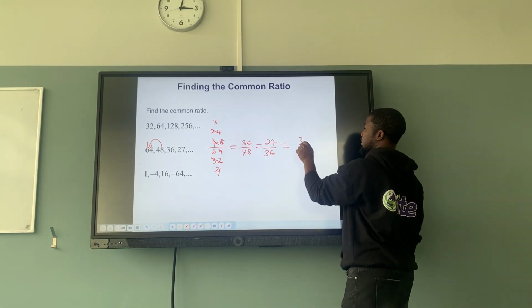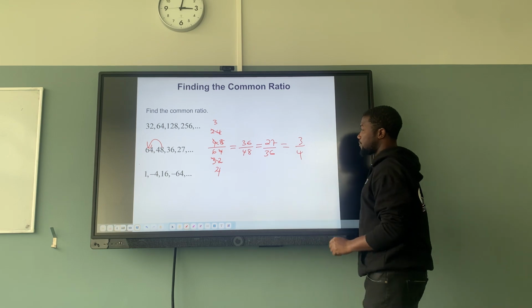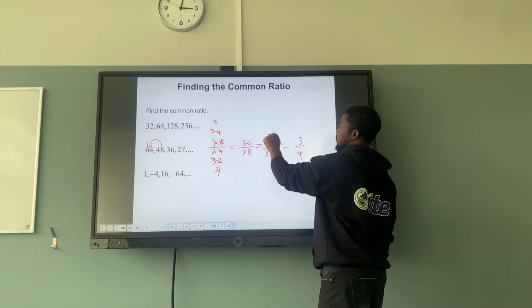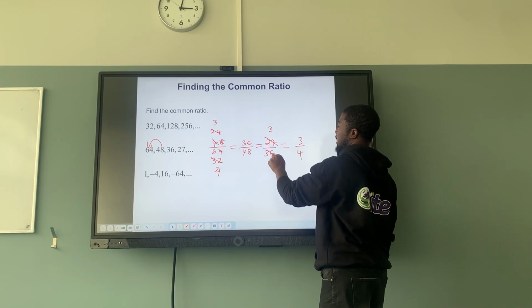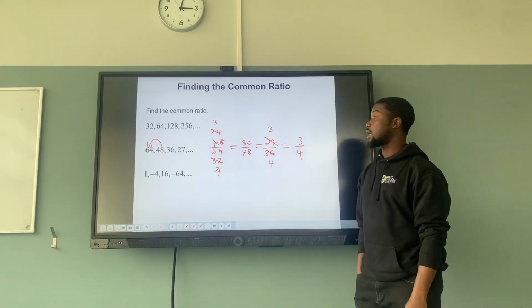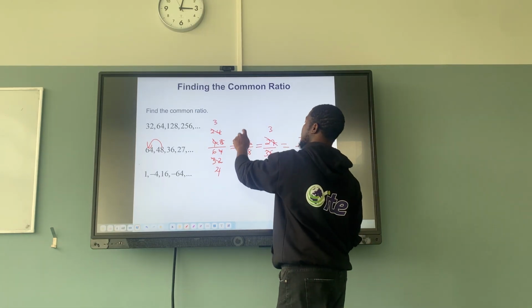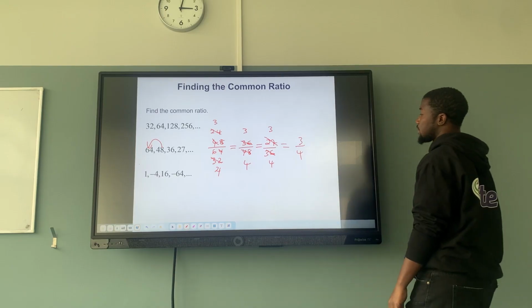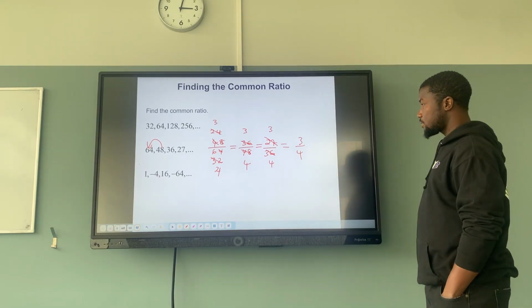So what you have is 3 over 4. Okay? If you use 9, into 27, that is 3 times. 9 into 36 is 4 times. So basically, if you simplify that, you will also end up having 3 over 4. So the common ratio there is 3 over 4.